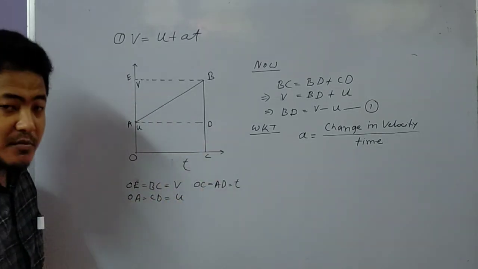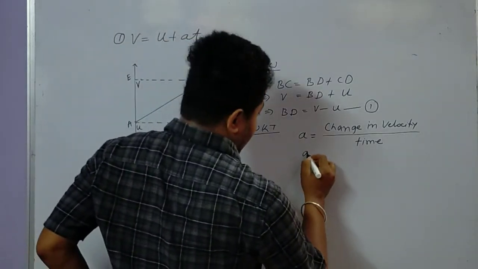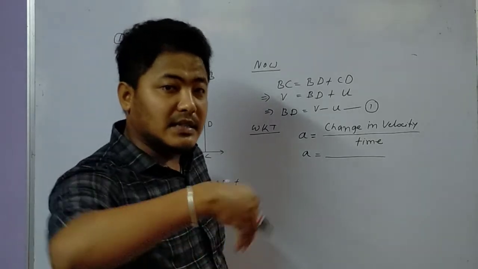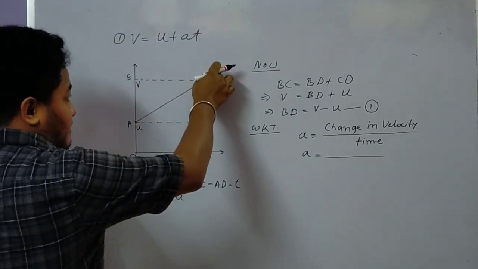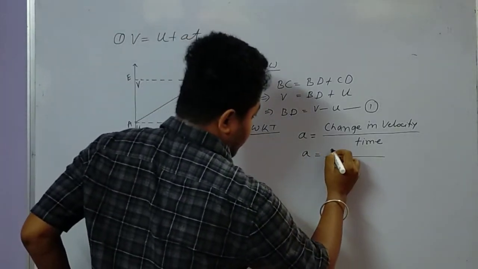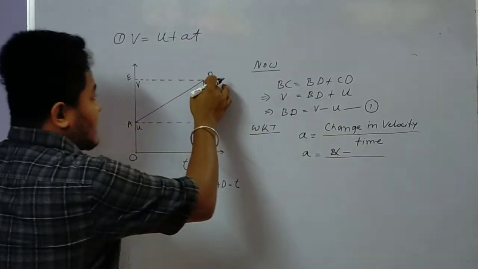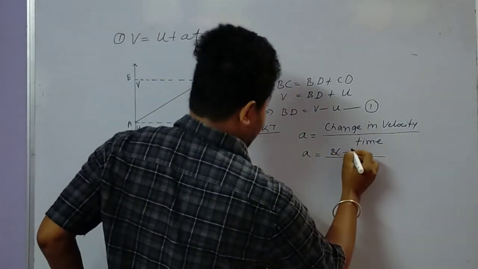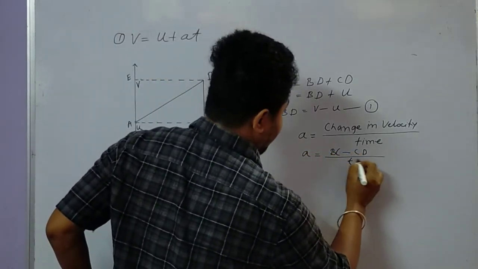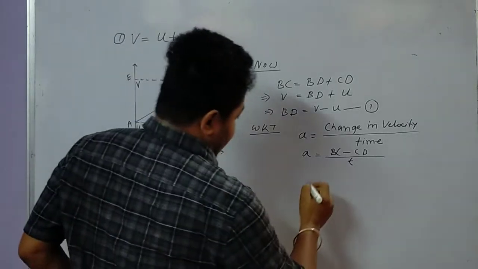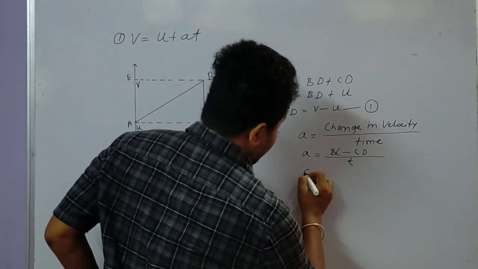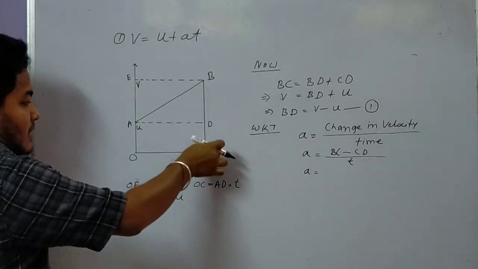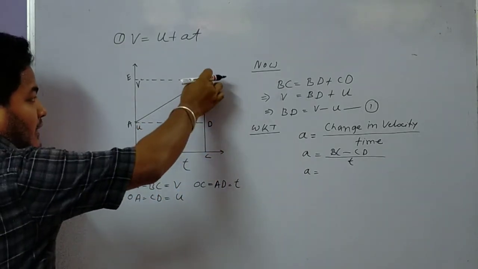So change in velocity means final velocity minus initial velocity. In this case BC is your final velocity, minus the initial velocity, CD, by time, which is T. So I can write that acceleration A is equal to BC minus CD by T. If I subtract CD from BC, what we gain is BD.